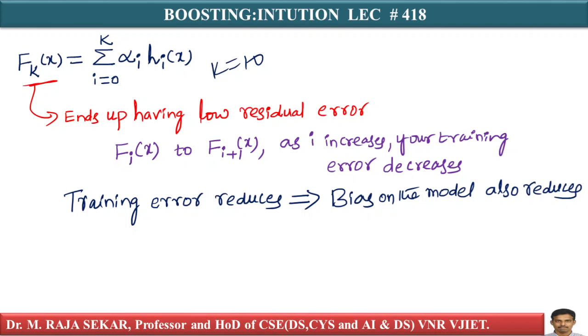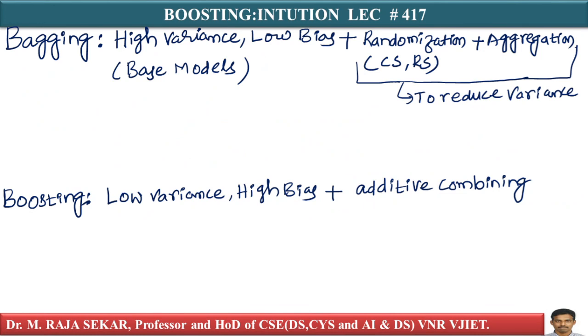And what did we want to attempt? With the whole idea of boosting, just try to recall this slide from my previous lecture. What is the whole idea of boosting?